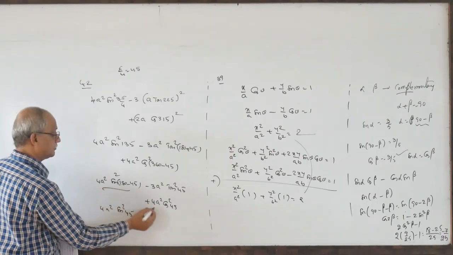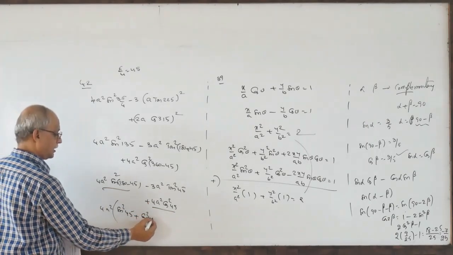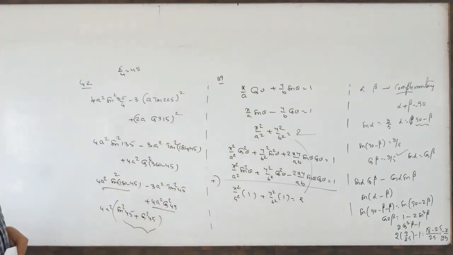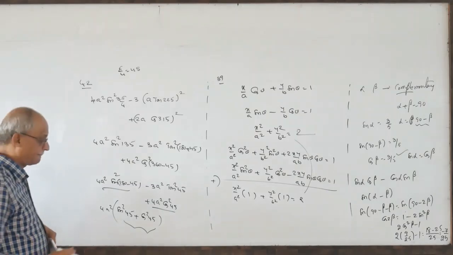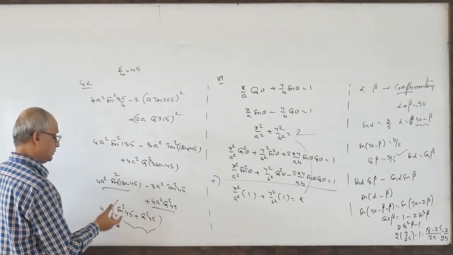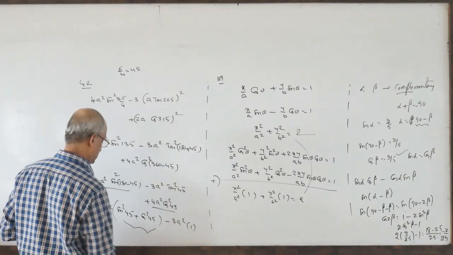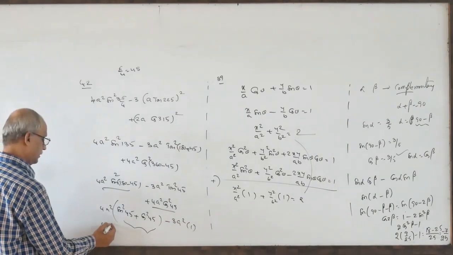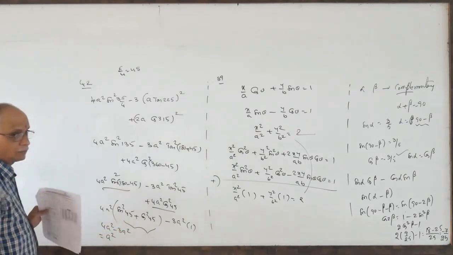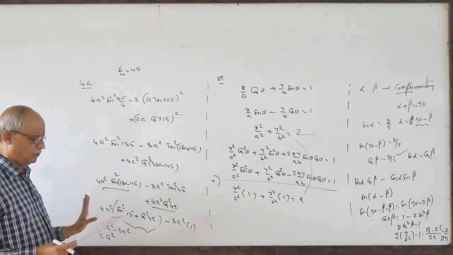First to last, 4a square common value I am taking, because of the identity sin square plus cos square is 1. So this is the identity. If you know the value also okay, otherwise also we know. Minus 3a square tan 45, anyway 1. 4a square minus 3a square. What is the final? a square. Fourth option.